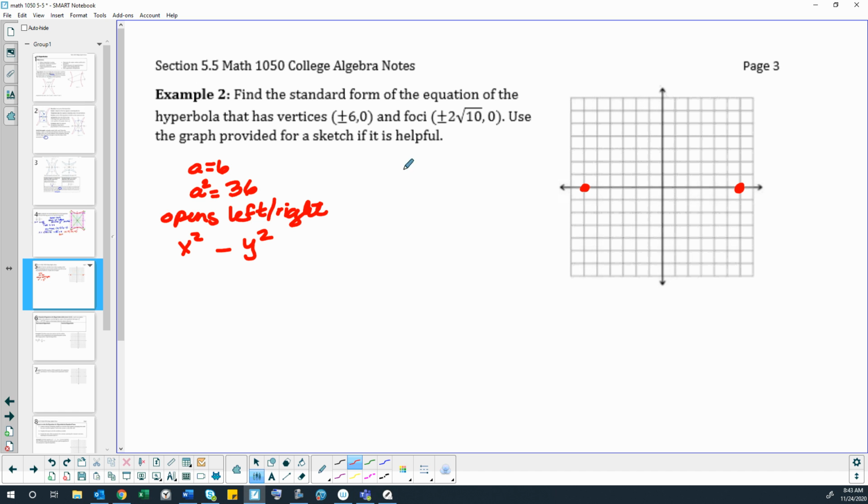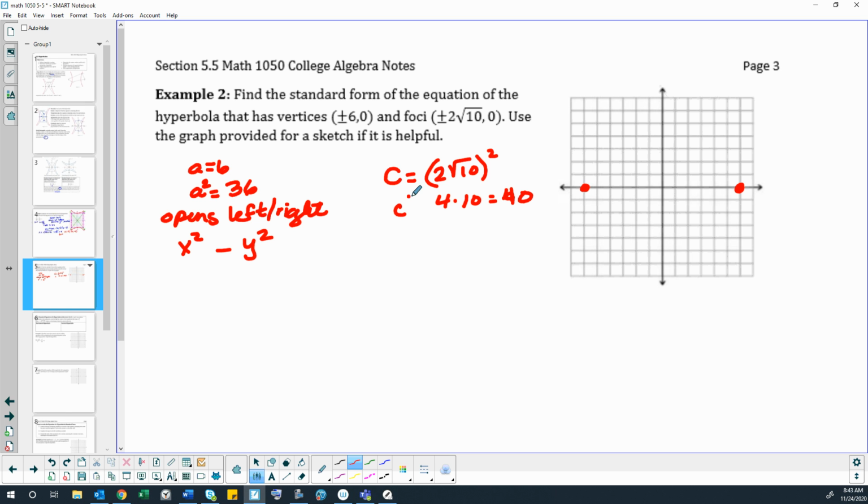Let's go ahead and look at the foci. So b, that's not b, that's c. b is the one we don't know. Okay, so c is 2 square root 10, we're going to square it. So we get 4, 2 times 2 is 4, and square root of 10 times square root of 10 is 10. So that's 40.